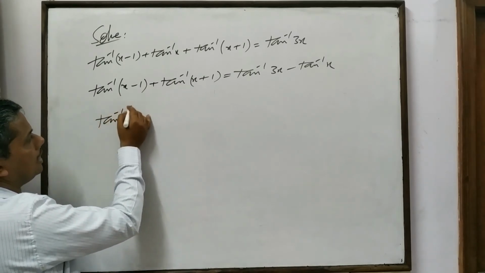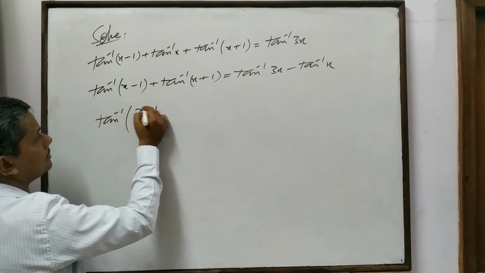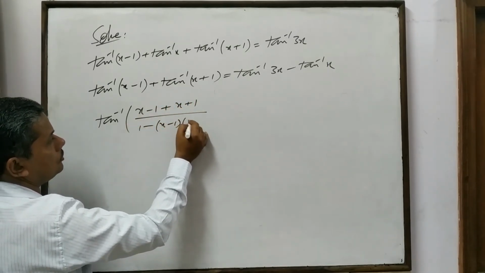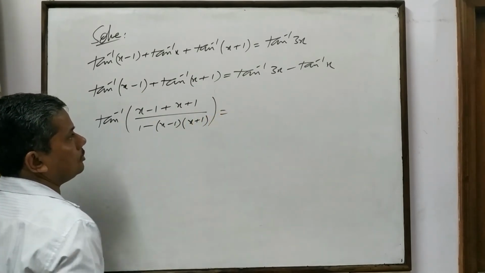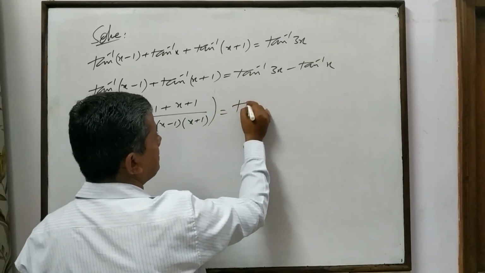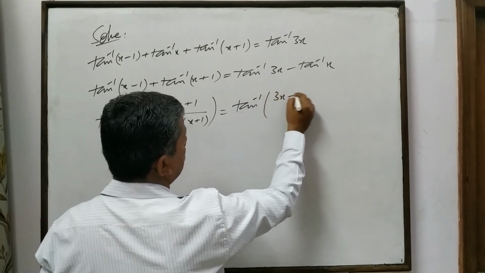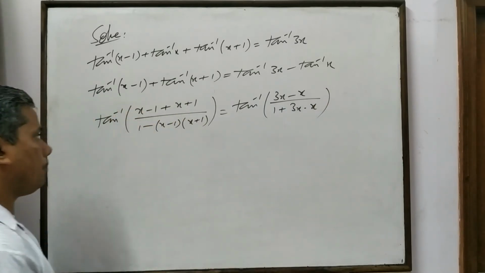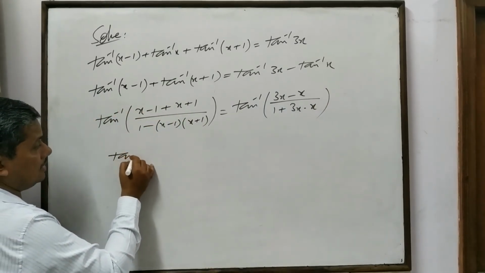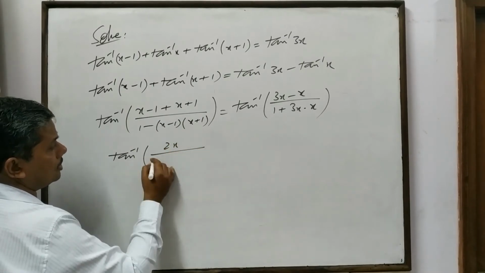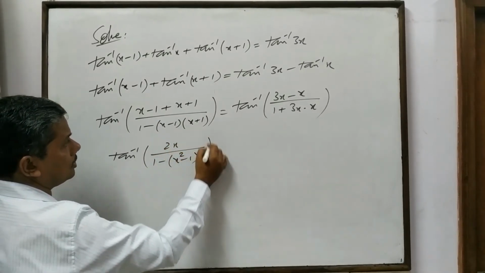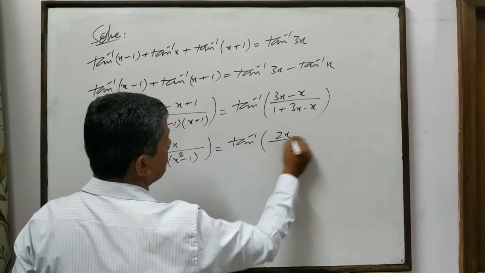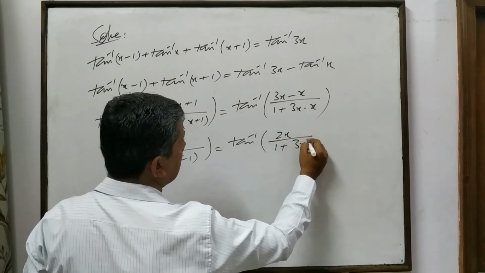This will give you tan inverse x plus y upon 1 minus x into y is equal to tan inverse x minus tan inverse y, that is tan inverse x minus y upon 1 plus x into y. This is tan inverse 2x upon 1 minus x square minus 1 is equal to tan inverse 2x upon 1 plus 3x square.